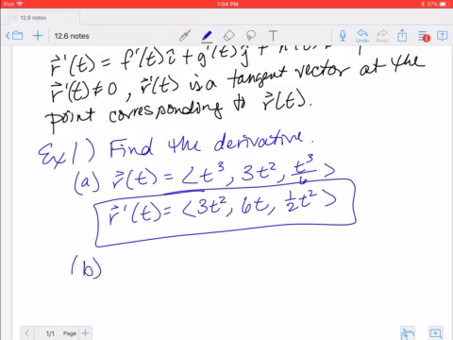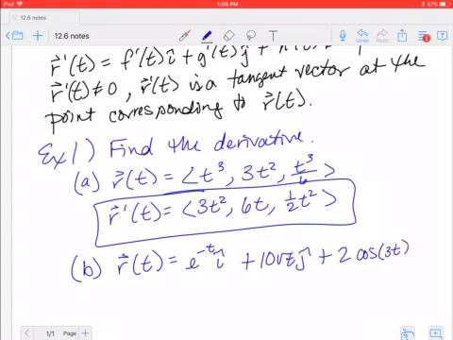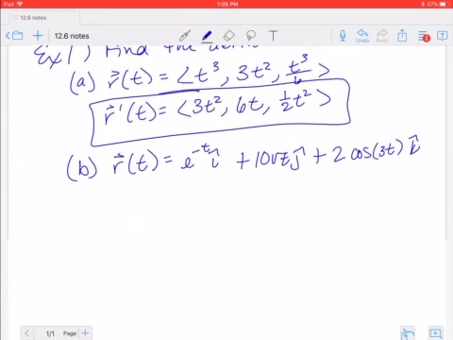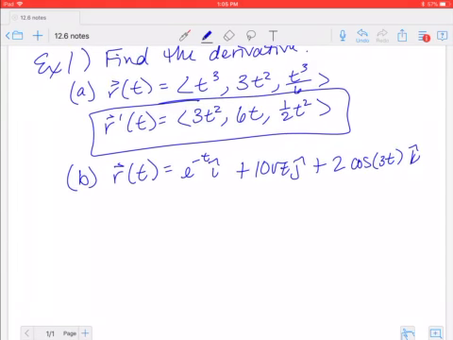What if I want to take the derivative of this? e to the negative t i plus 10 square root of t j plus 2 cosine of 3t k. We're simply going to take this derivative.